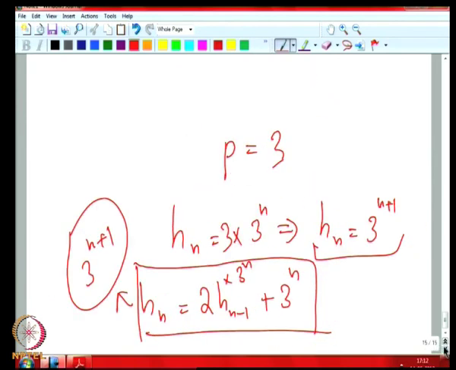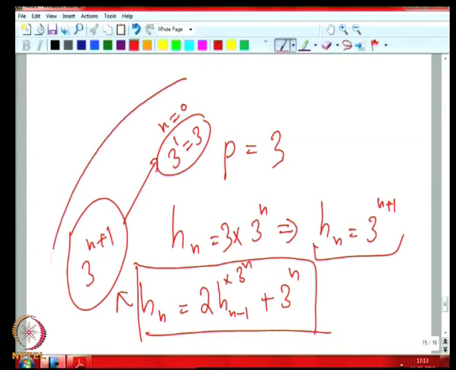If you put n equal to 0 in 3 raised to n plus 1, that will only give 3 raised to 1 equal to 3, that is not 2. We want hn to be 2 for n equal to 0, h0 is equal to 2, we are given that. But if you take this particular solution alone, it is not true, it is giving 3.